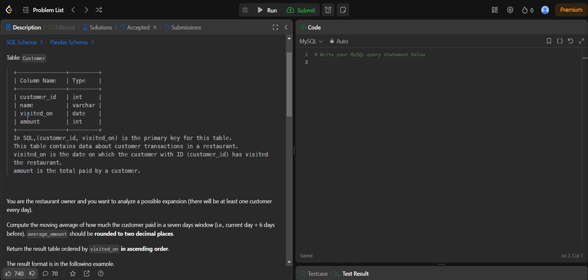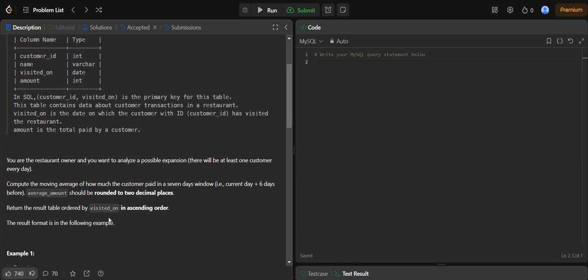If I use the minimum of visited on, I will get the first entry, and after that each day has been registered here. That means each day there is at least one customer. So it is completely ordered and no date is missing after the starting.